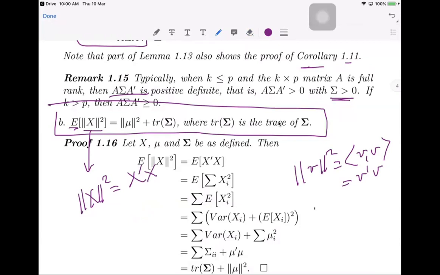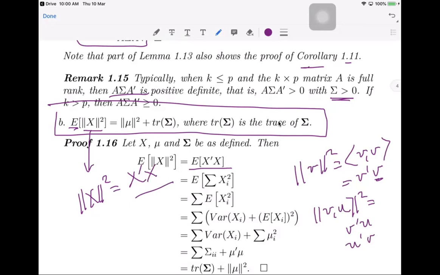So if it is V and U, the square norm is V prime U or U prime V. But since this is just the same V, it's just V prime V. So this is X prime X by notation.